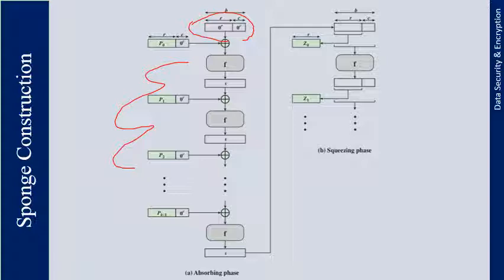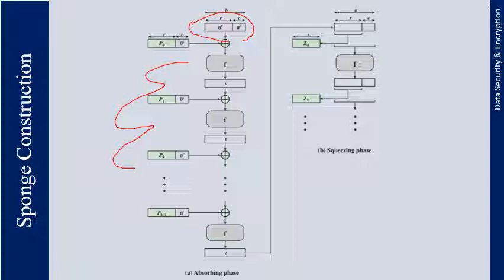The value of c is referred to as the capacity. A discussion of the security implications of the capacity is beyond the scope of this lecture. The essence is that the capacity is a measure of the achievable complexity of the sponge construction and therefore the achievable level of security.